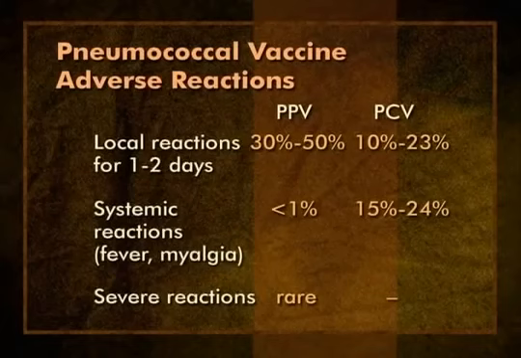In another study in which acellular pertussis vaccine was given simultaneously with PCV, 11% of recipients had temperatures of 100.4 degrees Fahrenheit or higher, which is 38 degrees Celsius or higher. Serious adverse reactions are rare for PPV and have not been attributed to PCV.